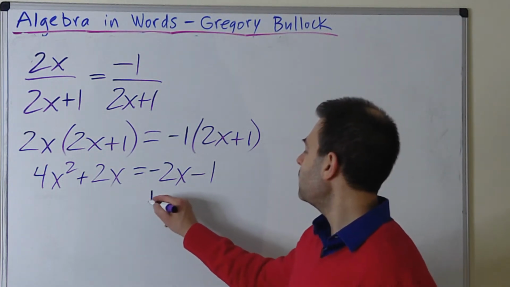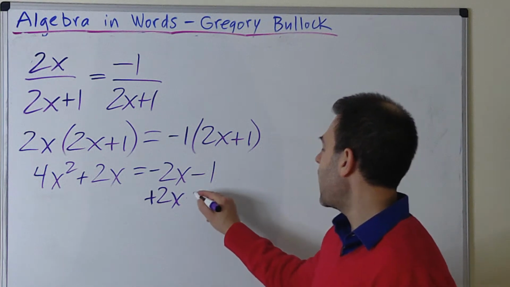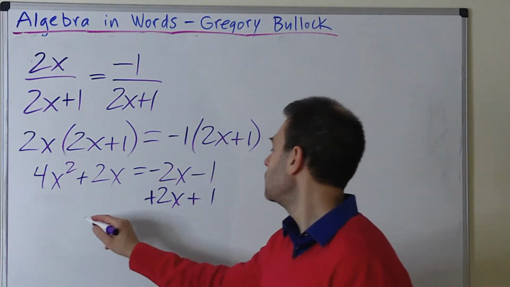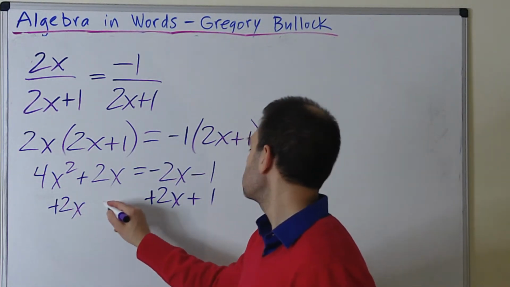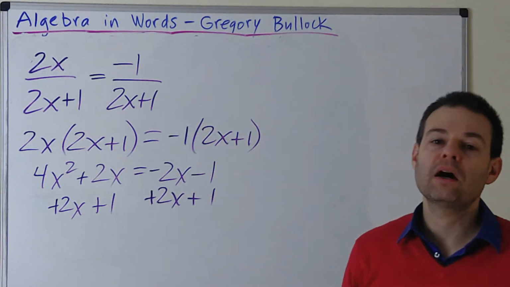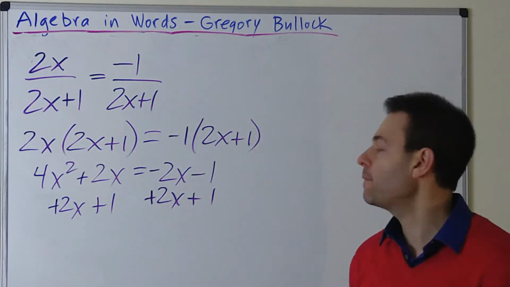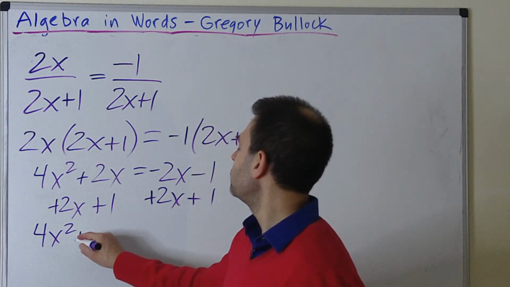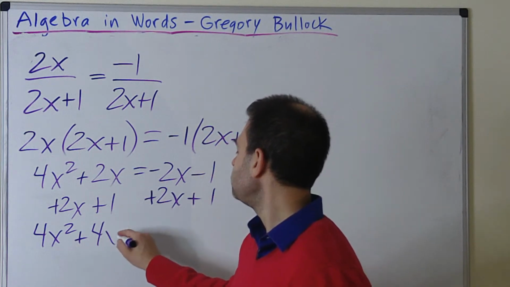So we're going to add 2x and add 1 to both sides to move these terms to the left.